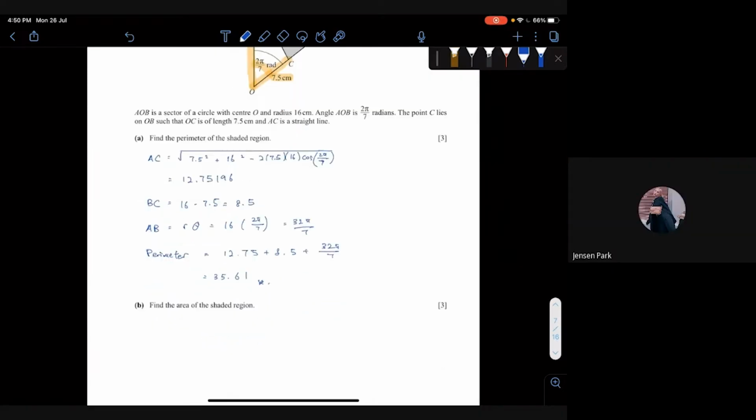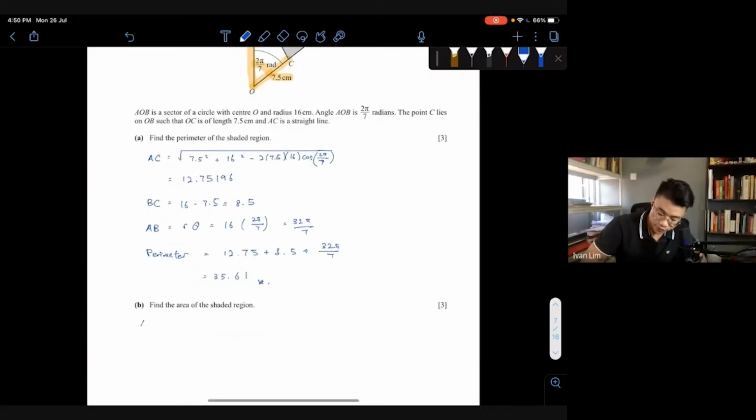So let's break it down. Area of sector AOB is half times 16 squared times 2 pi over 7. You get here what? 114.89.